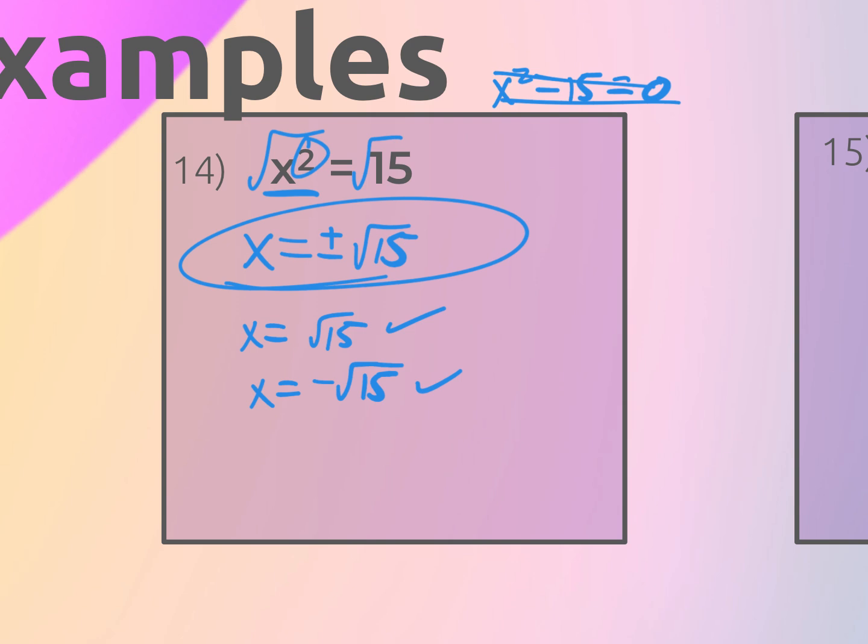This is perfectly understandable. And this basically means if we plug in square root of 15 into x, we're going to get 15. When we plug in negative square root of 15 into x, we're going to get 15, because both of these values, when you square them, are going to get you 15. They are both a solution to this equation.